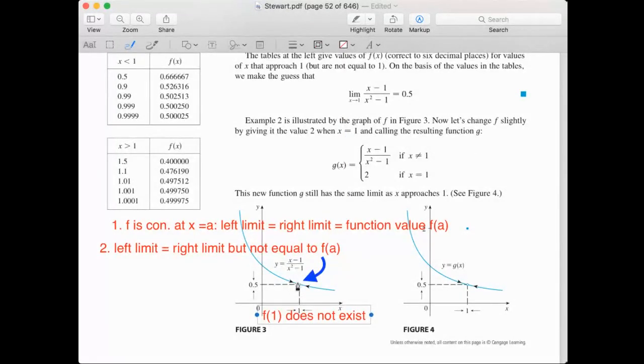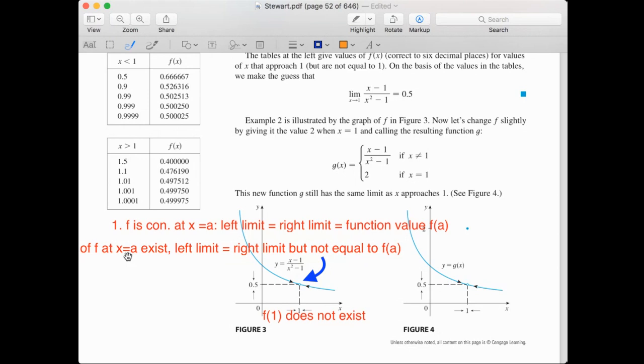It's the open circle. Open circle means it's void. But the left limit approaches a half, the right limit approaches a half, so the limit exists. So for the second one, the limit exists, but the function is not continuous. The limit of f at x equals a exists, but is not equal to f of a.